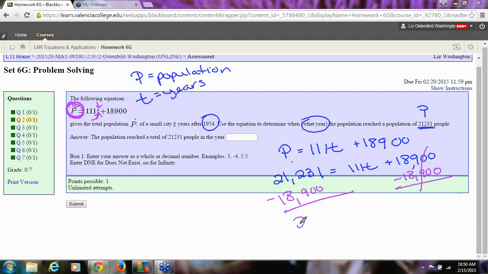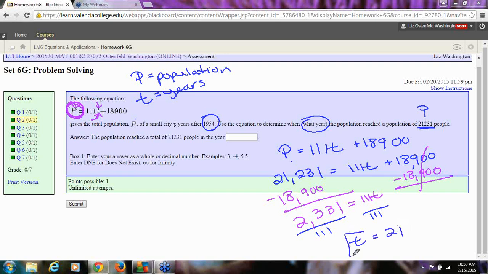So I get 2,331 equals 111T. And then to get T by itself, all I need to do is divide by 111 on both sides. So I'm going to get T is 21.